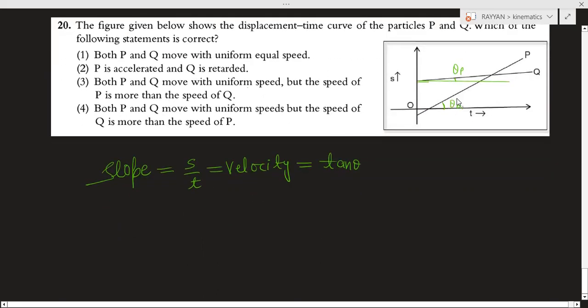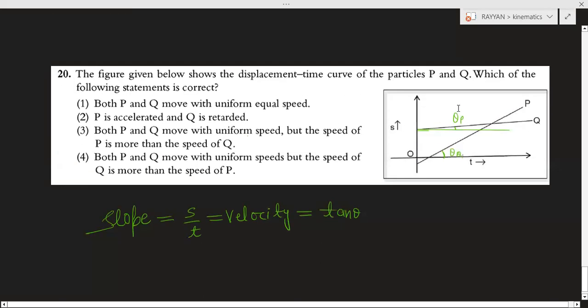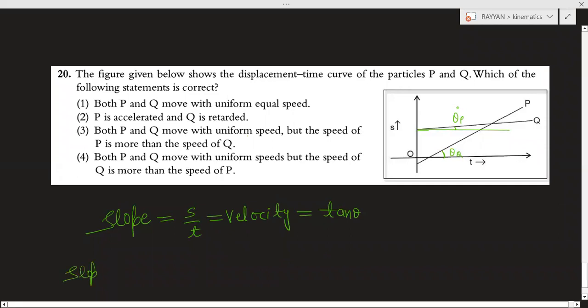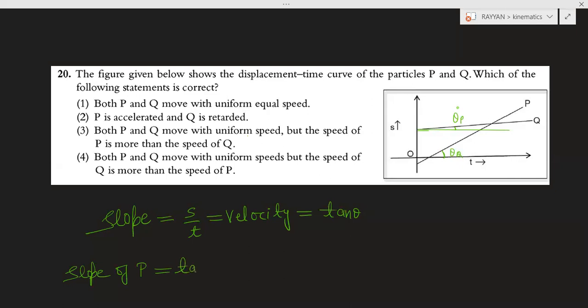So if theta q is greater than theta p, then you can calculate the slope of p and slope of q. Slope of p is equal to tan theta p, and slope of q is equal to tan theta q.